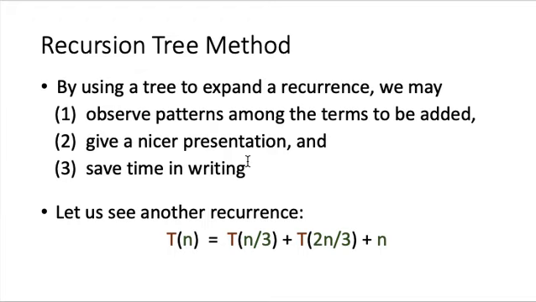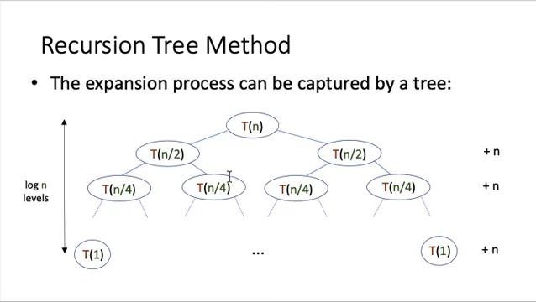We get a nicer presentation, so it is easier to see what is going to be added in a tree than what is written down line by line. And sometimes it saves us time on writing everything down, because with a tree, we may omit some of the plus terms and it is clearer.